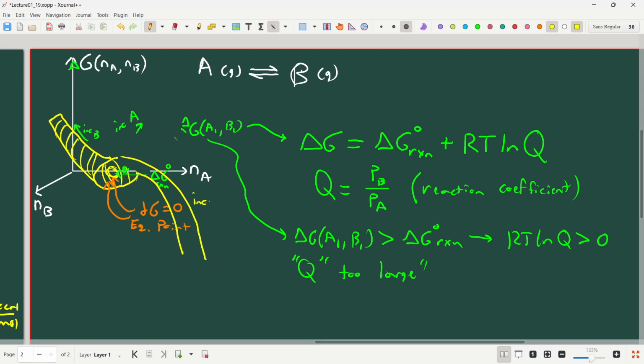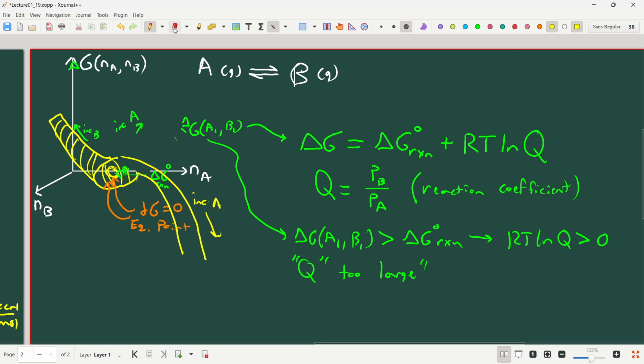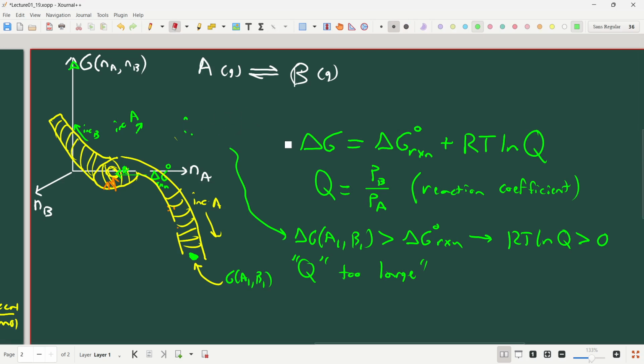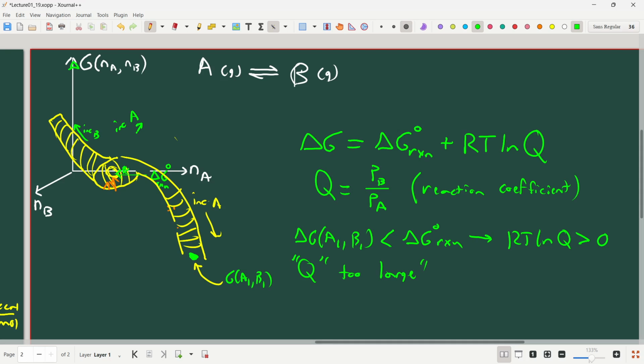And this is increasing A. Right, so here's our point here, G of A1, B1. G of A1, B1 is less than the reaction. Oh, sorry, it's greater. Oh, wait, hold on.